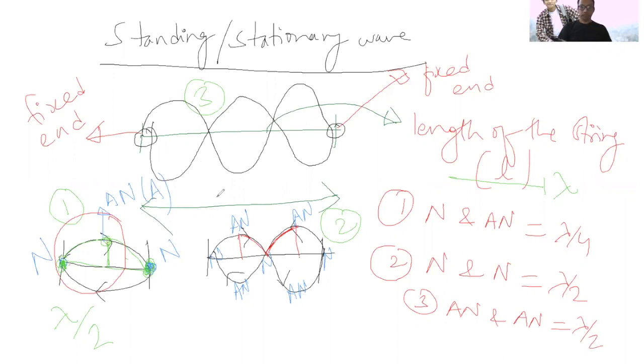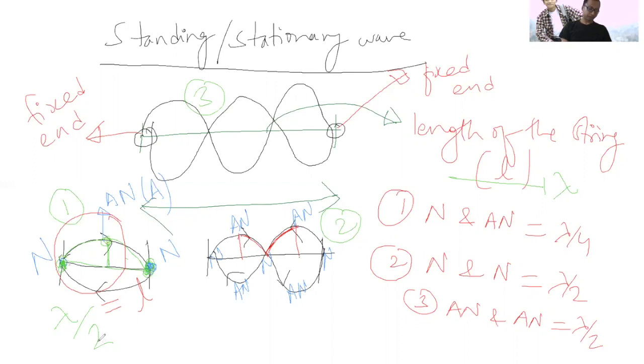Now let's compare this node and antinode with the length of the wire or length of the string present over here. As I have assumed, the length of the wire is L, so this is going to be L. So L is equal to lambda over 2.